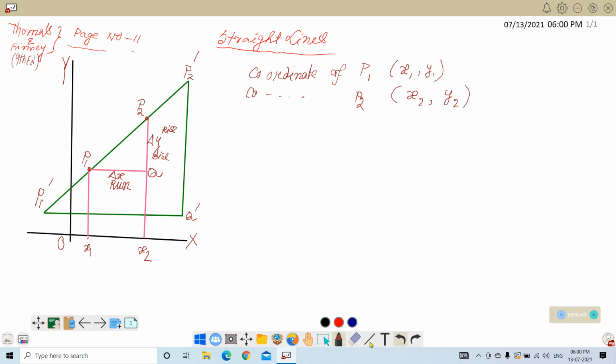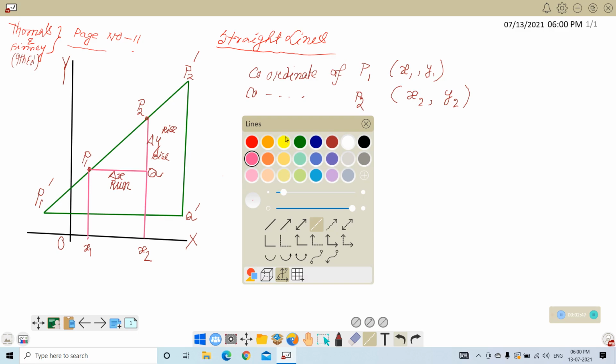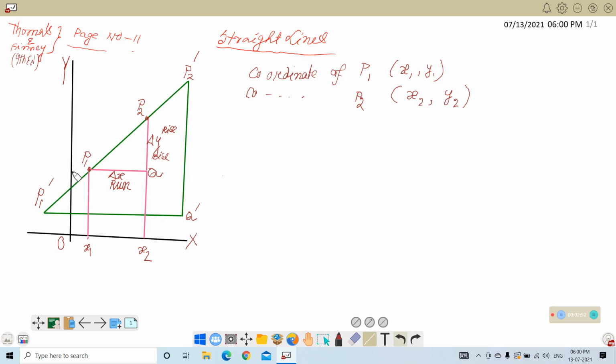Similarly, we can draw another line to denote y1 and y2. From the origin to this is y1 and this is y2.